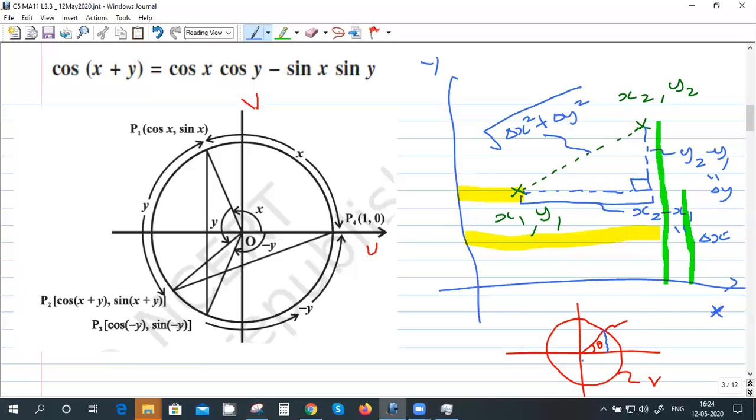I need this distance, and this distance is the radius of the circle r. So what is this distance then, the blue line? R cos theta.